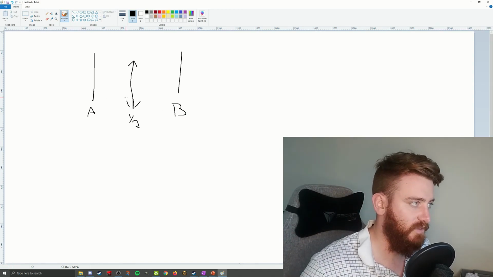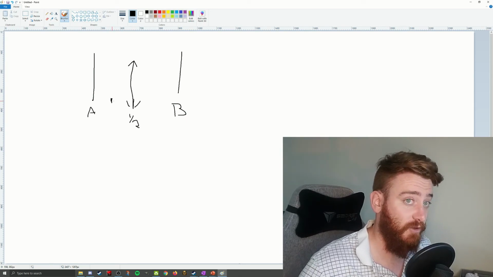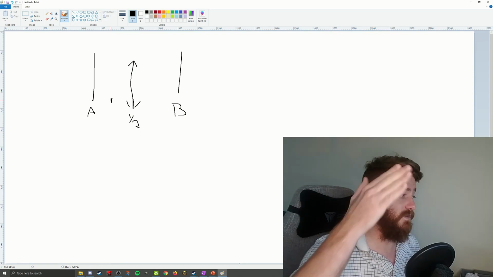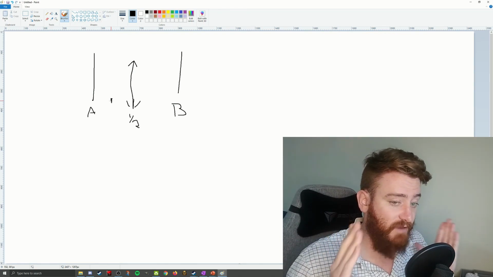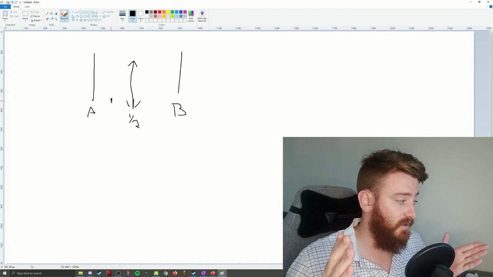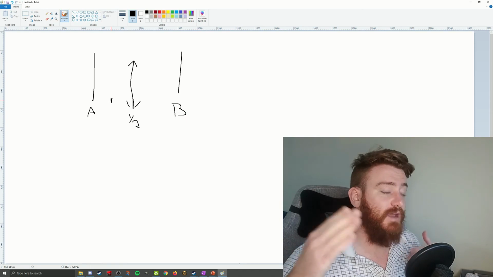Between A and this point, there's another point that's halfway between those points, and so on and so on. So for any two given points, there is a location that is halfway between them. And the fact that you can always be halfway, you're never actually going to make it to the next point.